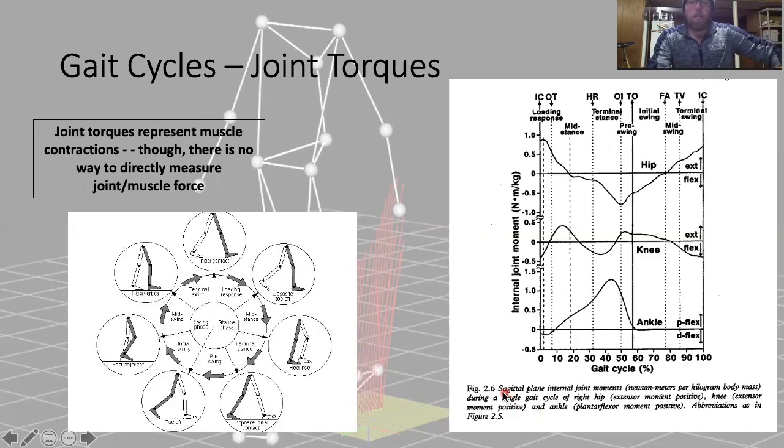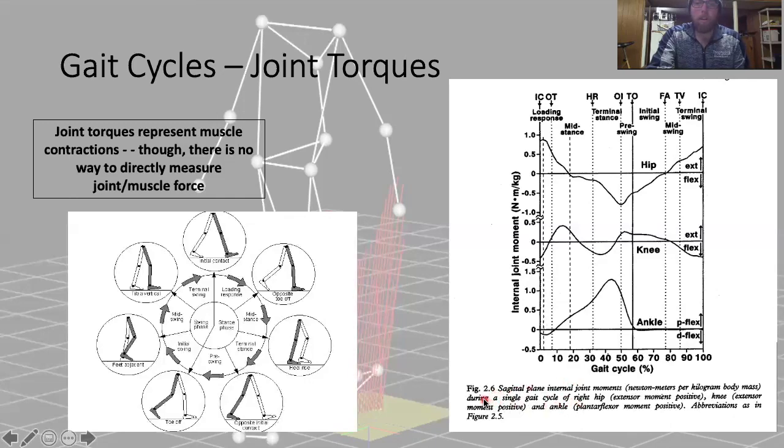So if we have the sagittal plane, let's look at our description here: sagittal plane internal joint moments, Newton meters per kilogram of body mass. That makes sense. Newtons times meters is torque, per kilogram of body mass. So it's taking whatever body mass you have, how much torque is being applied per kilogram, kind of like we do with VO2, right?